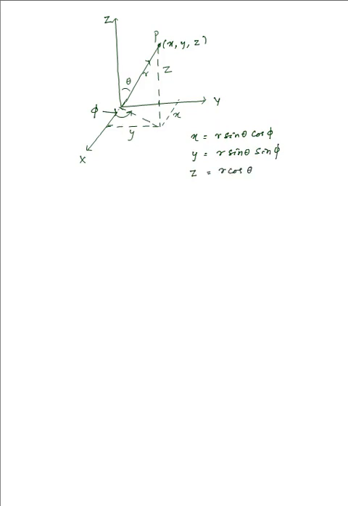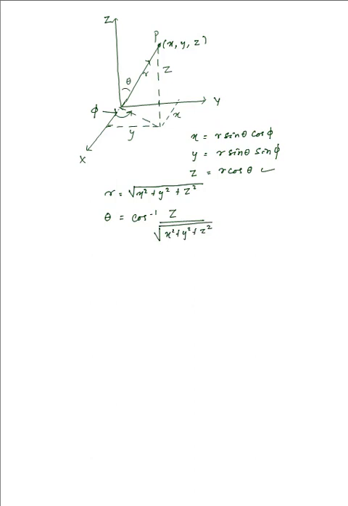Now the radius vector, as we know, is simply x squared plus y squared plus z squared, which is easily satisfied by the above relation. So this is taken care of, and the polar angle, that is theta, will be cosine inverse of z over r, from this relation that we have over here, and r, as you know, is a combination of these three Cartesian coordinates.